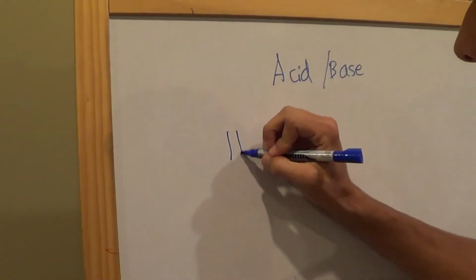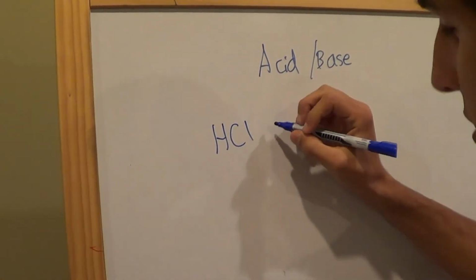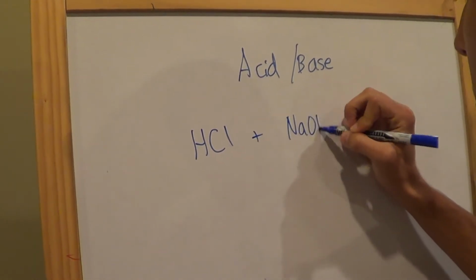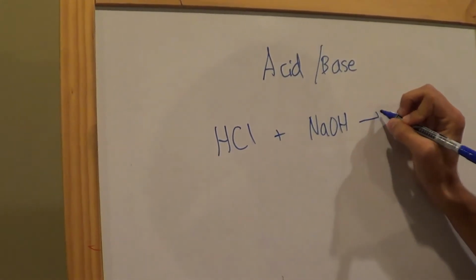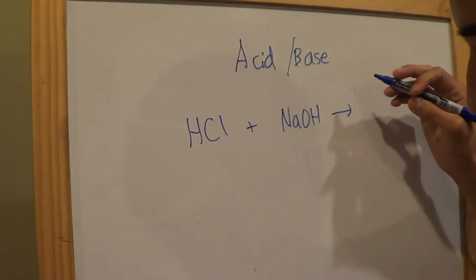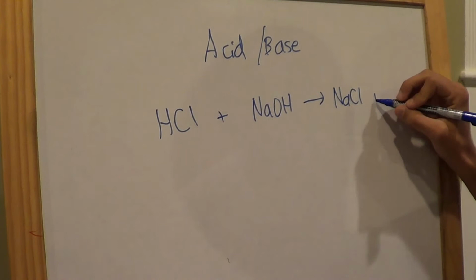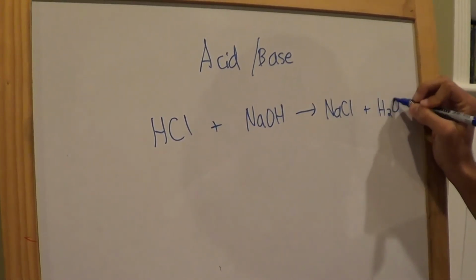So an example of this is HCl, or hydrochloric acid, plus NaOH, or sodium hydroxide, yields salt plus water.